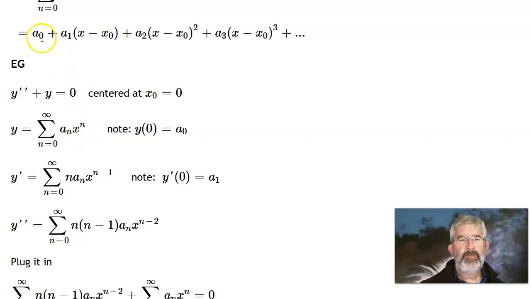That is, this first term is a0. If I plug an x0 in for x, all those go away and you just get a0. So the a0 in this power series is the y value of generally the initial condition that's given.